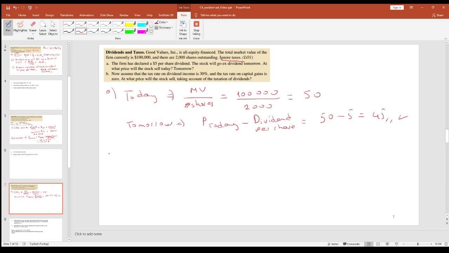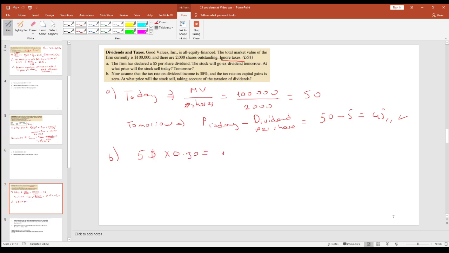So at part B, it is asked what will happen if there is a 30% dividend income tax rate on dividend income. So first you should calculate your tax over your dividend income. This $5 is your dividend income, and your tax over this income will be 30%.